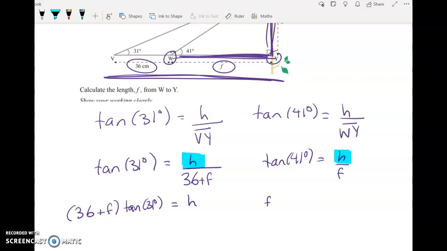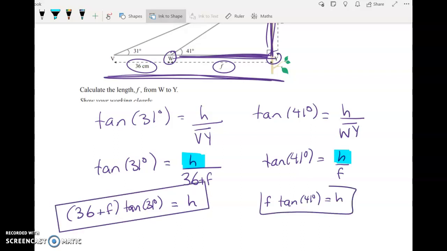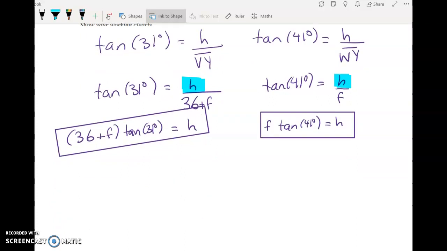But we also know that f times tan of 41 degrees is equal to h. And that means that I can put these two things equal to each other. That means that tan of 31 degrees times 36 plus f is equal to tan of 41 degrees times f.